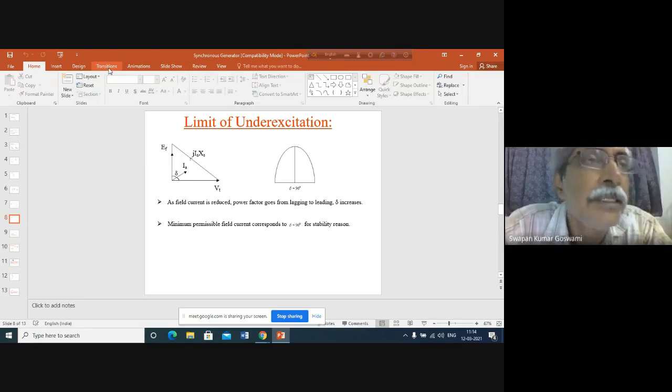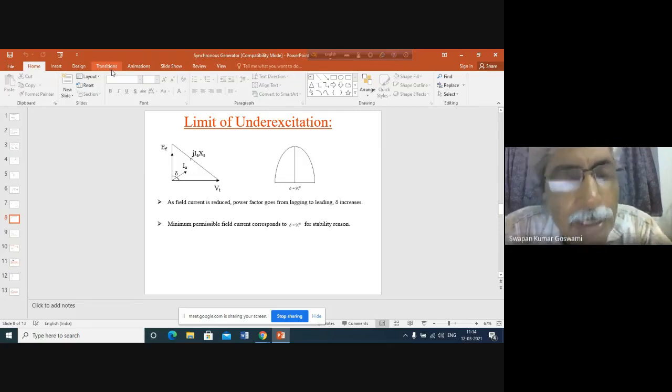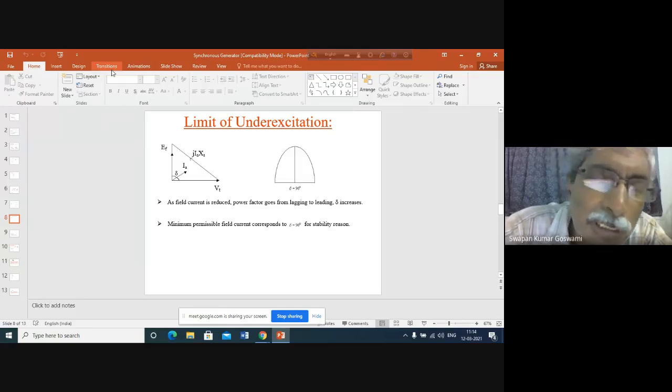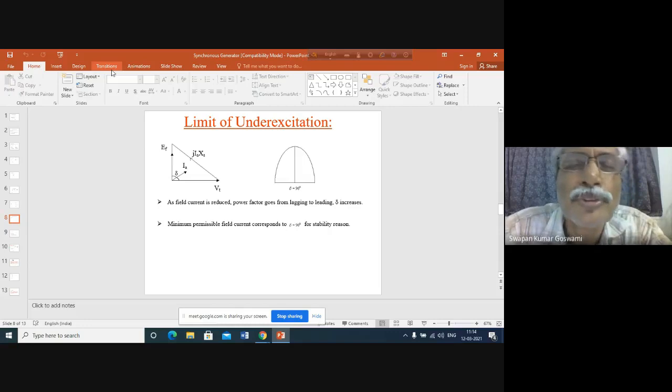Okay, that means during the low load period, particularly during the night time, late night, obviously system demand decreases. Then there is a tendency in the power systems to have increased busbar voltage. So during that time, generators may have to reduce their excitation, may have to consume reactive power from the system so that they can maintain system voltage within the permissible limit.